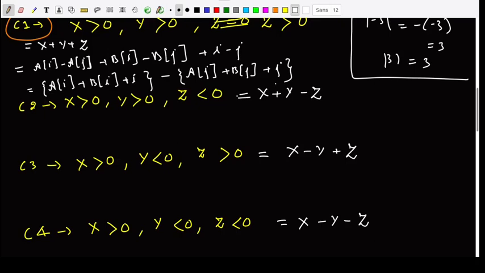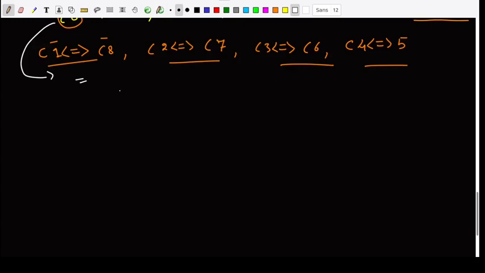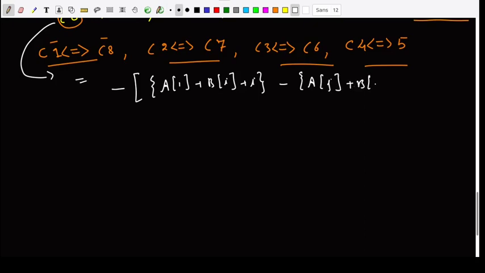So this is the case 1. This is the evaluation of case 1 and with a negative sign. So let us write it here, and we will say this is basically ai plus bi plus i minus, okay, aj bj plus j. Okay, so essentially we can write it down if we expand it further.